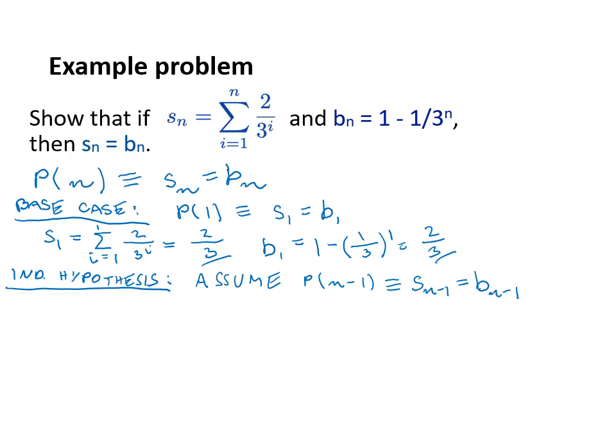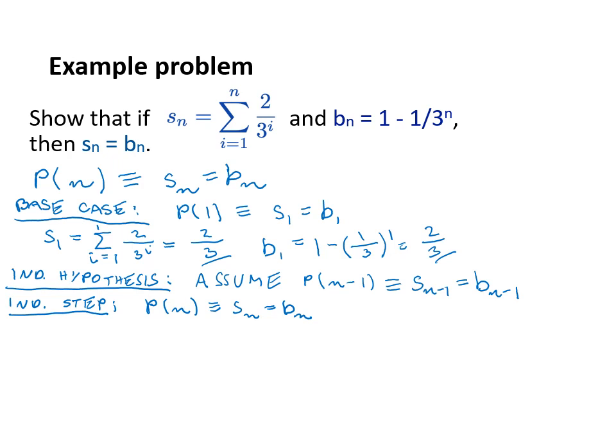Great. And now we have to do our inductive step. We want to show that P of n holds, meaning that S of n is equal to B of n.